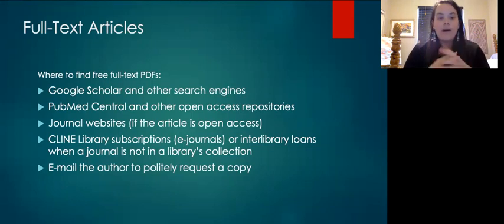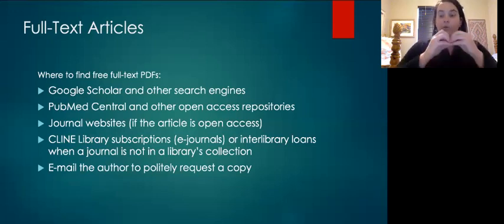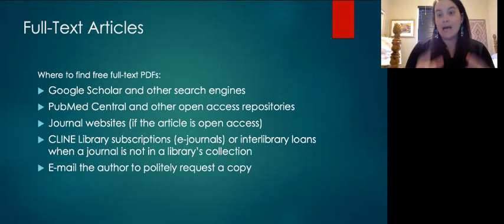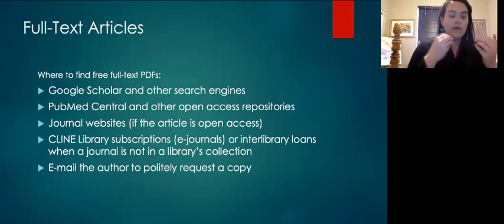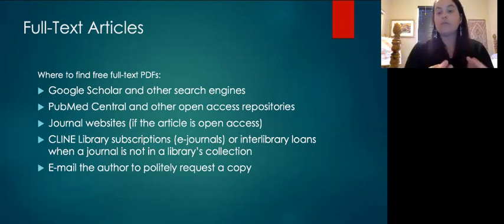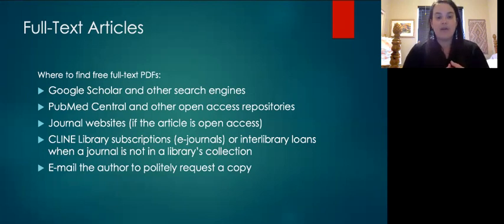There's also journal websites. And what's really important for you all is the Klein Library subscriptions. When we use the library resources, we have paid as an institution for access to these articles. If the institution itself might not have paid for that, there's also interlibrary loans.